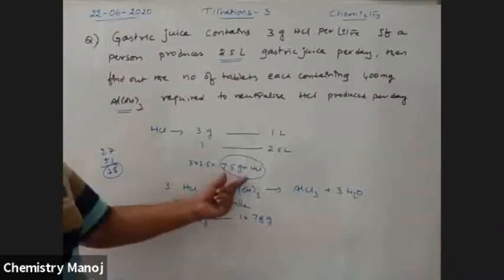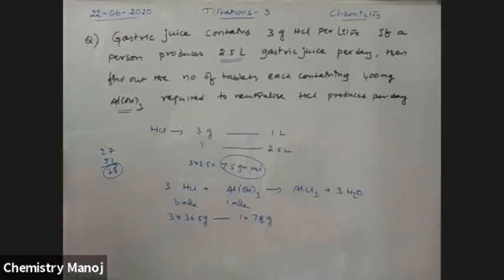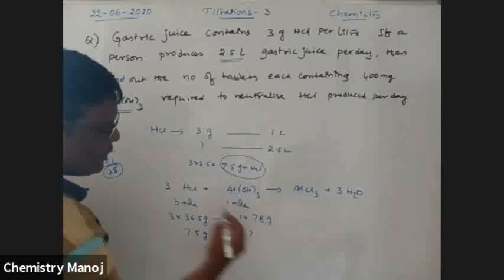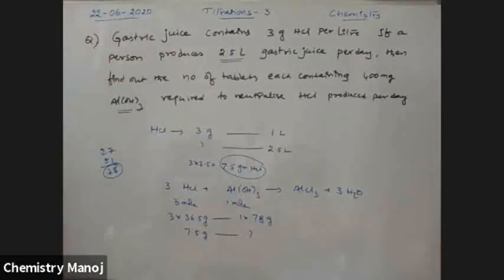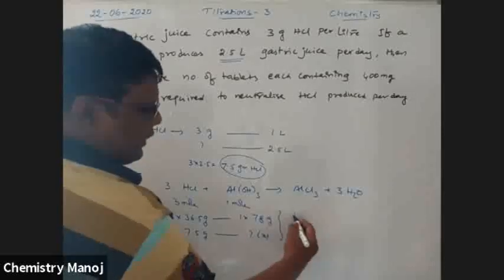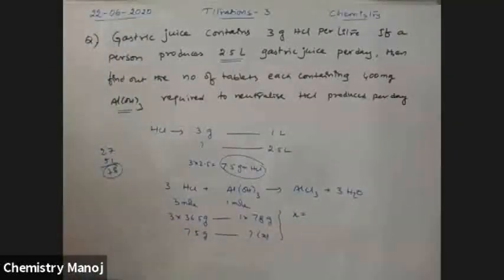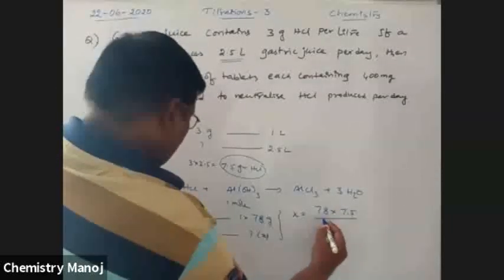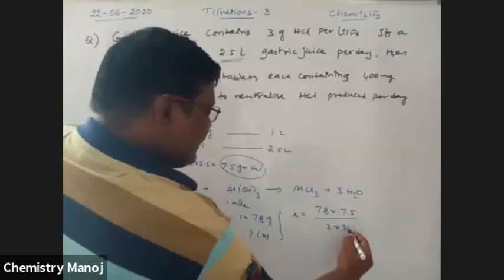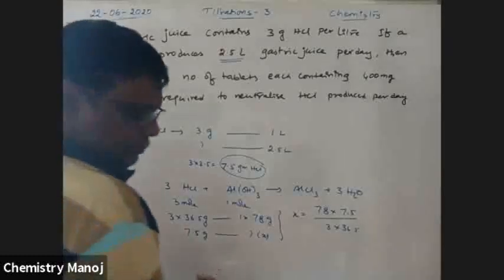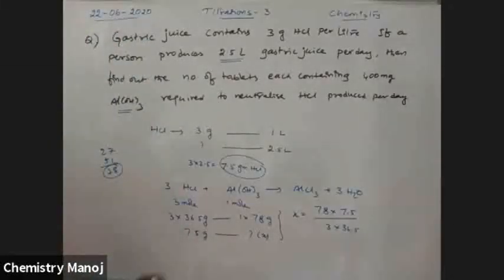Now we have 7.5 grams HCl. That means 7.5 grams HCl requires how much aluminum hydroxide? Let it be X. Calculate X by cross multiplication. X is equal to 78 into 7.5 by 3 into 36.5.